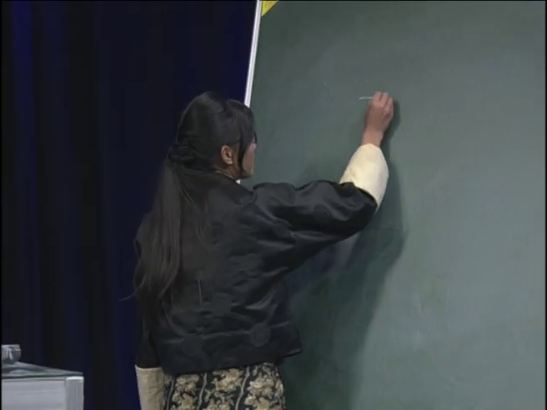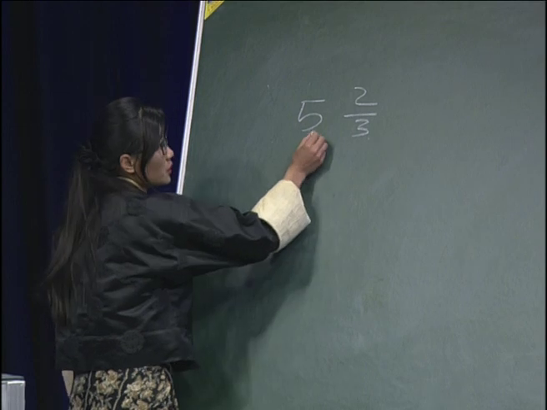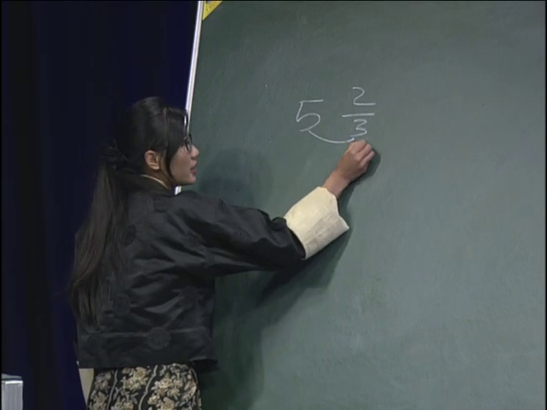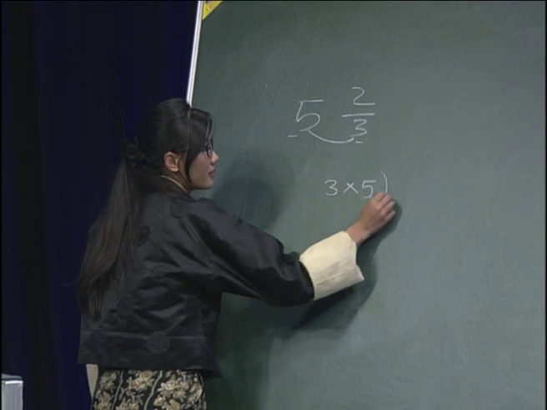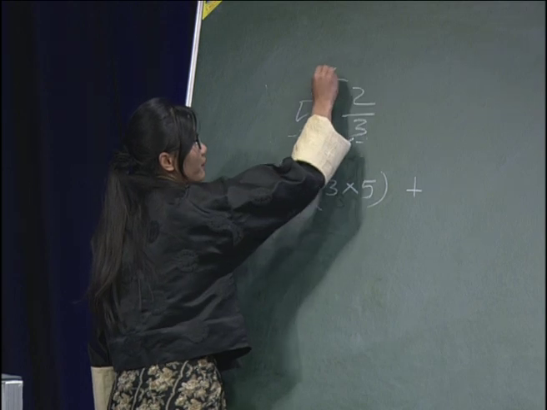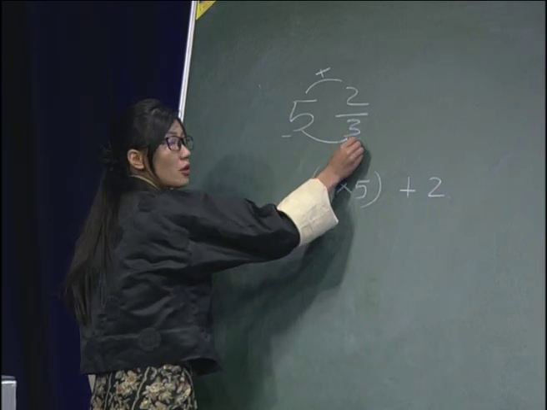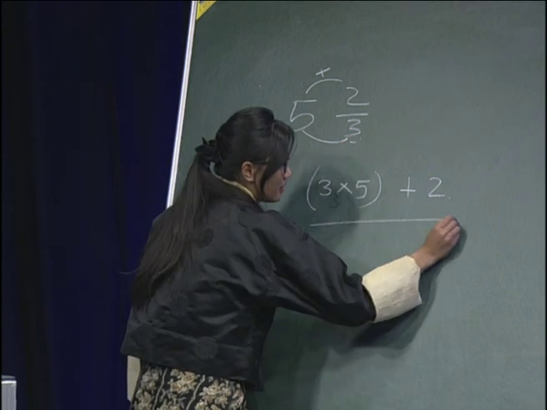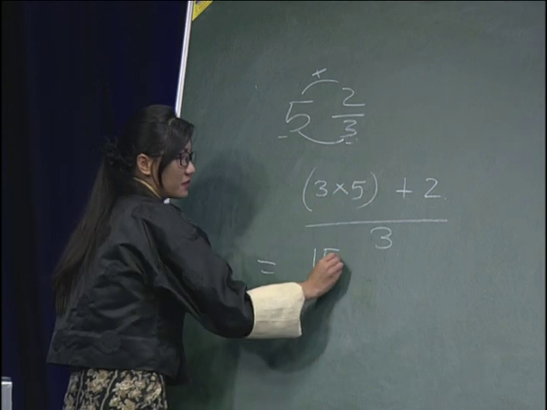We have 5 2/3, right? So what we do is we take the denominator and the whole number, so 3 times 5, then add it to the numerator, plus 2. And we keep the denominator as it is here, 3. 3 times 5 gives us 15.